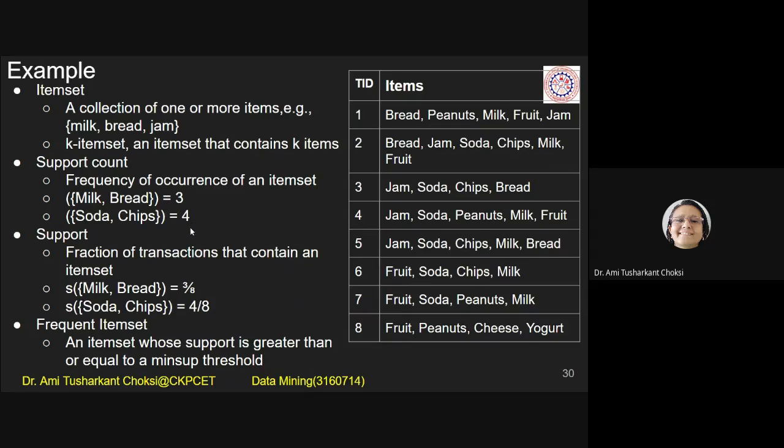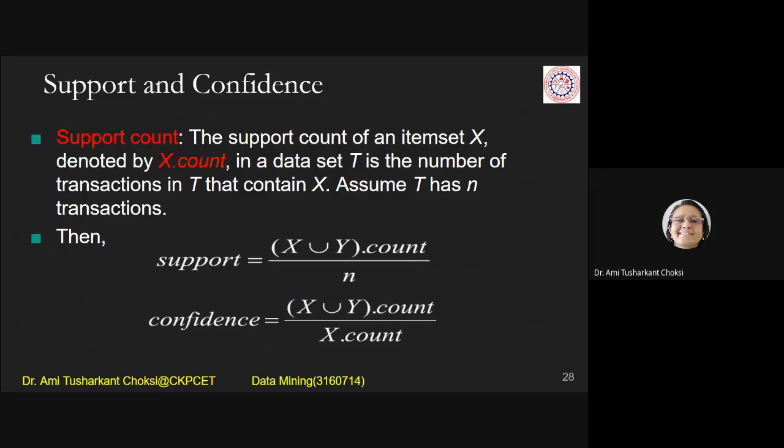Now we want to find the support. Support is the fraction of transactions that contain an item set. That means the support count divided by the total number of transactions.